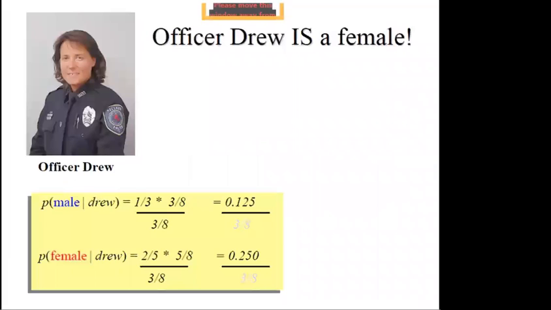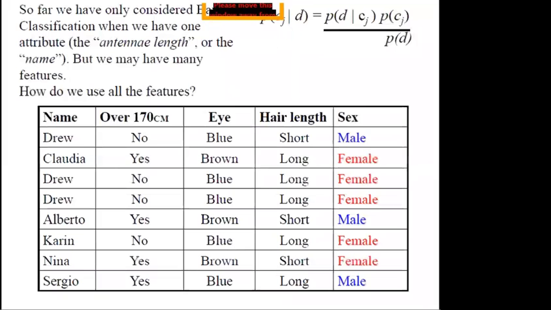This is Bayes theorem, proper Bayes theorem, and this is the example we have applied. Let's go to the situation where we need the naive Bayes classifier. In the previous class, we classified examples in two cases: whether an insect is a grasshopper or katydid based on antenna length, or one person based on the name.